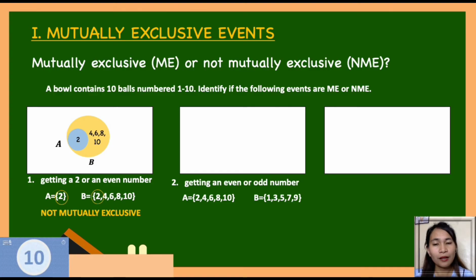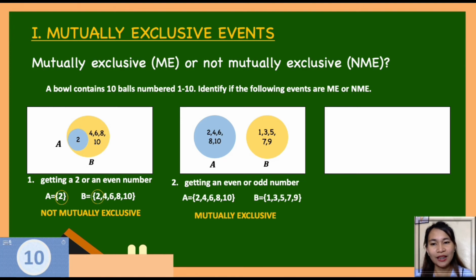And for B, the possible outcomes for odd numbers: 1, 3, 5, 7, 9. We cannot see any common element. Therefore, the two circles are disjoint. So they are mutually exclusive events.